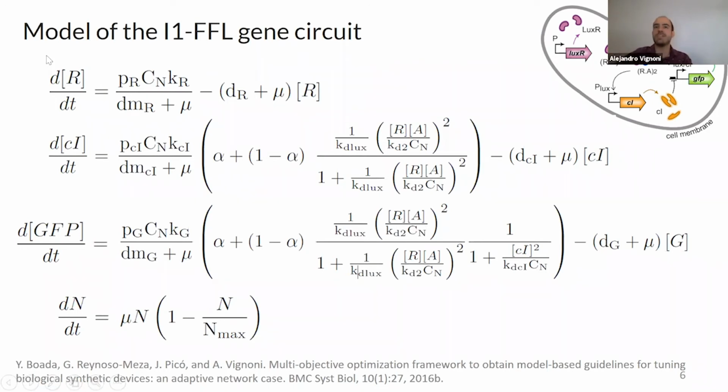For example, if you change the promoter for LuxR, then you will change the amount of LuxR that you have, which will change this term here. So with a little bit of detail, you can make the model more detailed. But that depends on what your interests are and what you want.